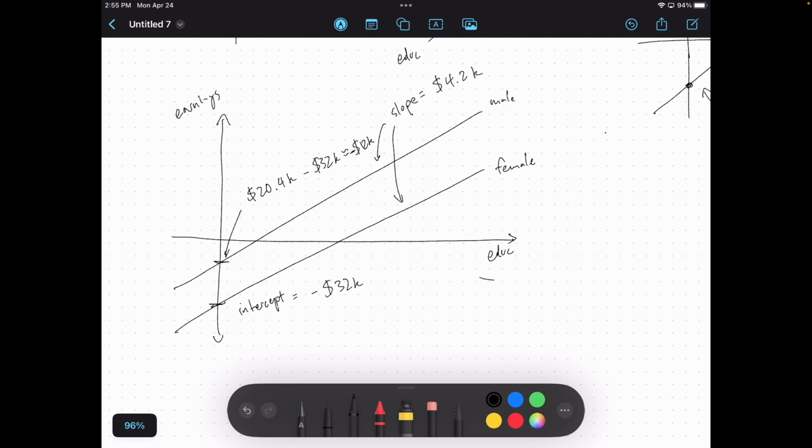Okay, so now what we're seeing are two lines. Education is basically uniformly applied, so on average, for every year of additional education, you're making $4,200 more.